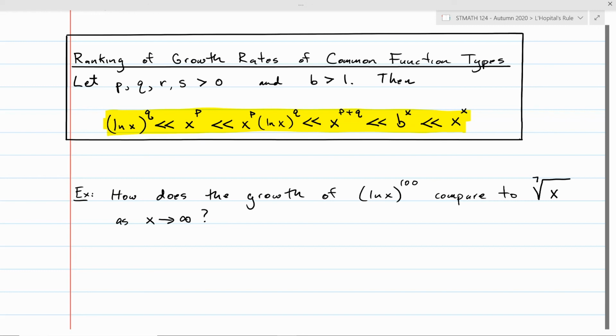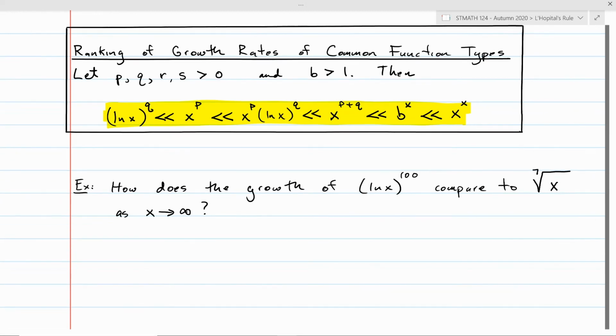So x to the 1/1,000,000th power will grow slower than 2 to the x, or even 1.01 to the x. And then all of these grow slower than x to the x. It's nice to have a sense of how functions compare. These are all pretty common types of functions.